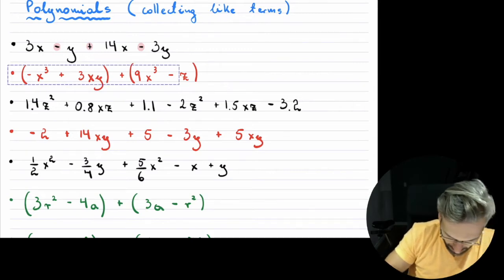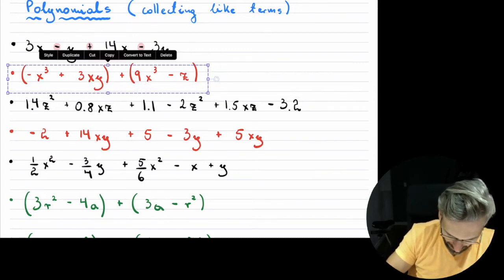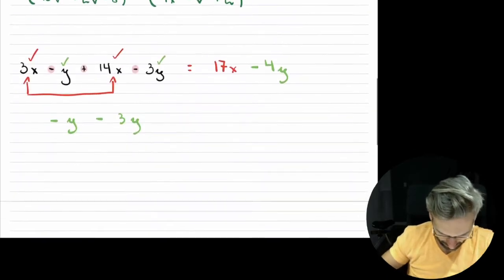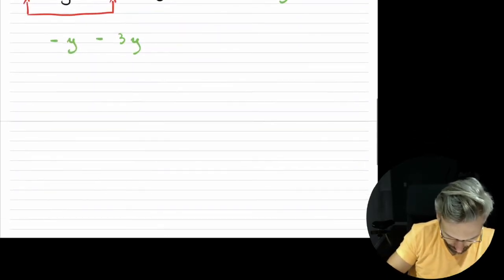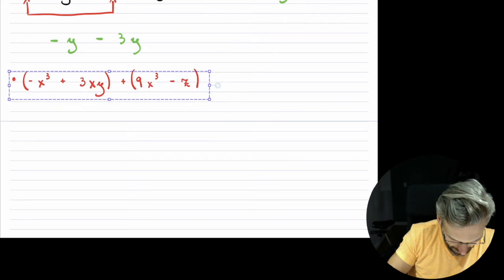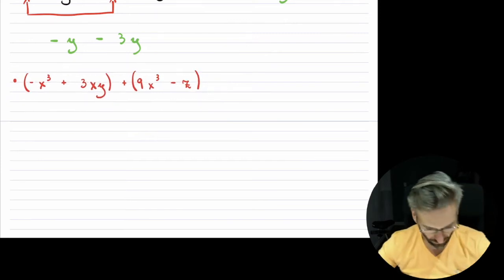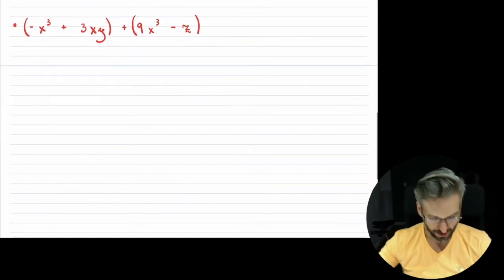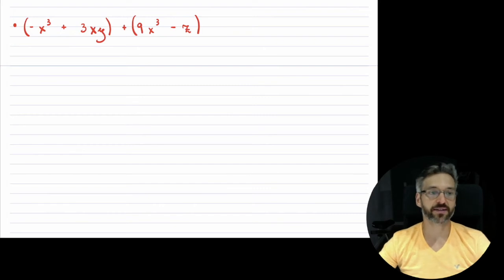So this one right here. Let me capture this one and let's work through that example. Let's paste it up. Within here, we have in brackets negative x cubed plus 3xy, and then adding to another bracket, 9x cubed minus z.